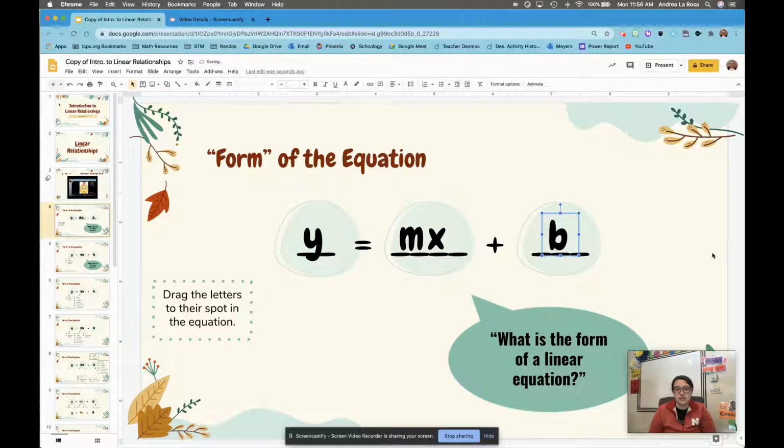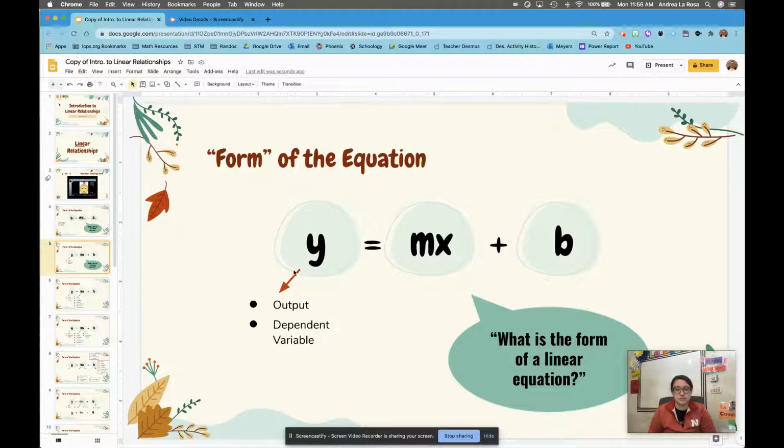Remember, m and x are side by side, which means we have to multiply. The form of our equation is y equals mx plus b.